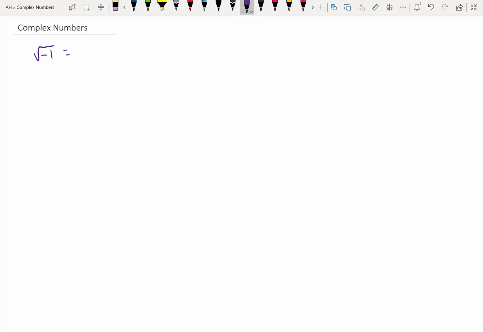So to start with, as a definition, we would define the square root of -1 equal to i. Okay, and what we've done is, it came about in mathematics that there were some problems that we couldn't solve the answers to. So thinking back to your discriminant, you get your b squared minus 4ac.